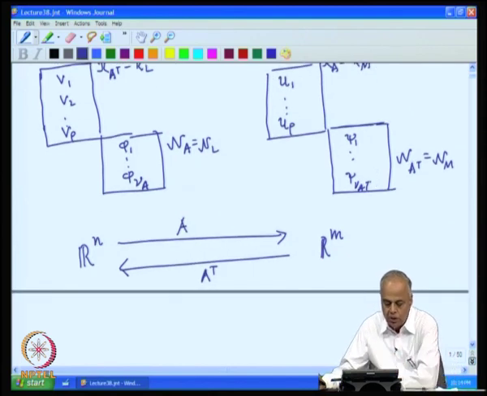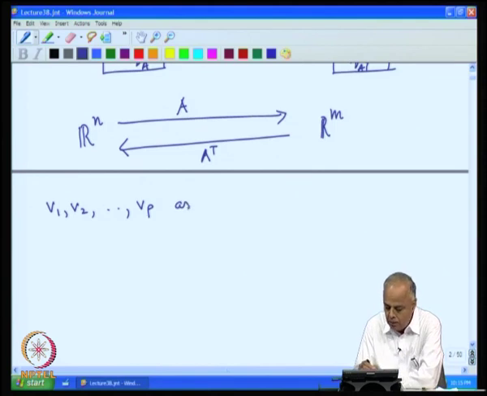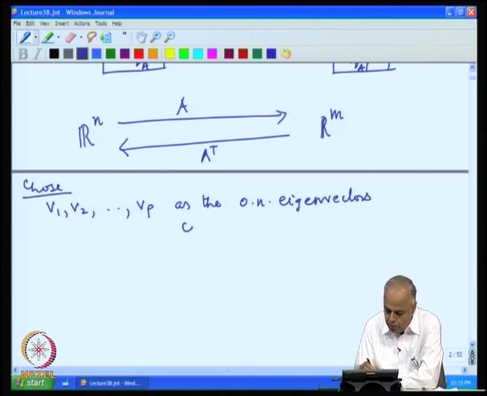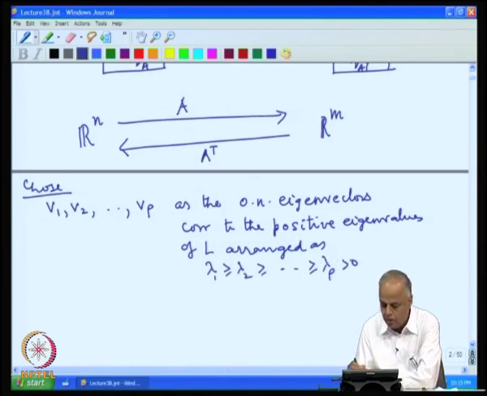Now, it was the choice of the basis that was important. We chose V 1, V 2, V rho as the orthonormal eigenvectors corresponding to the strictly positive eigenvalues of L arranged as lambda 1 greater than or equal to lambda 2 greater than or equal to lambda rho greater than 0.